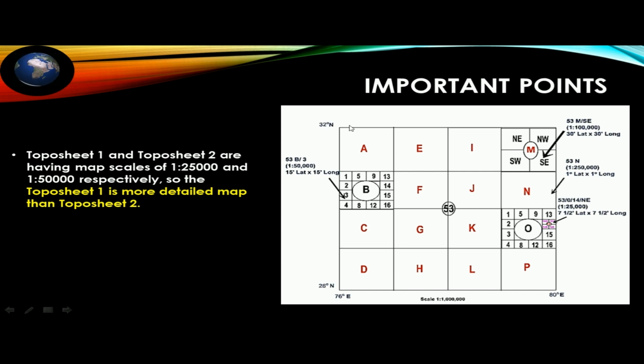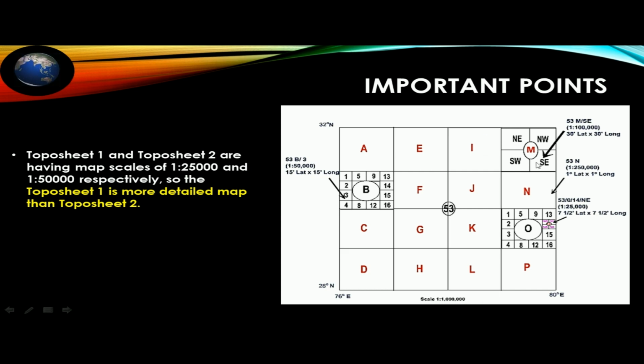If you see a topo sheet map that I got from Google, this is a map of 32 degrees north, with the lat long given. This map is divided into 16 zones: A, B, C, D, E, F, G, H, I, J, K, L, M, N, O, P. If you see, the map scale is 1 in 1 million.